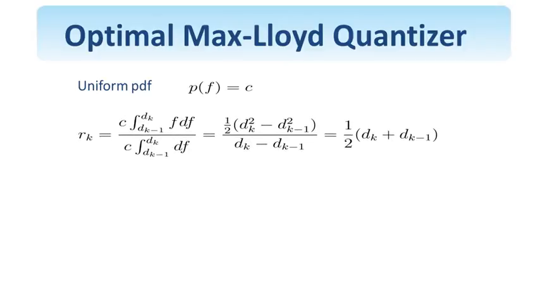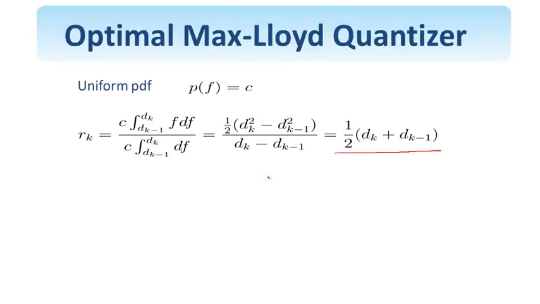We see now that if the intensities of the input image follow a uniform distribution, or in other words, p of f is a constant, then if we use the formula that gives us the reconstruction levels, it's very straightforward to see that r of k is the midpoint of the two consecutive decision levels.